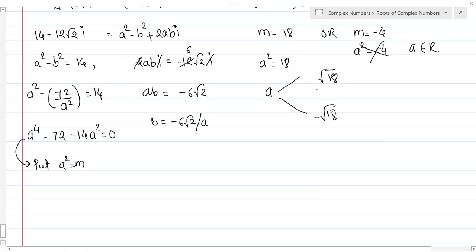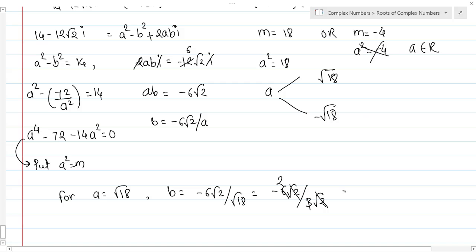So for a equal to positive root 18, what will be b? b is equal to minus 6 root 2 upon root 18. Root 18 can be written as 9 times 2, so it will be 3 root 2. This root 2 cancels and 6 by 3 is 2, so I will be having minus 2 here.